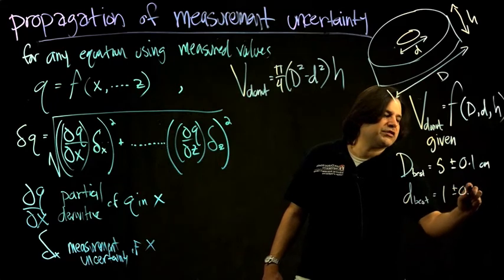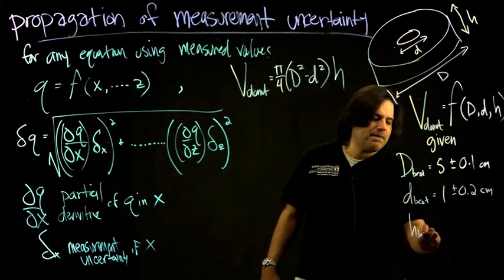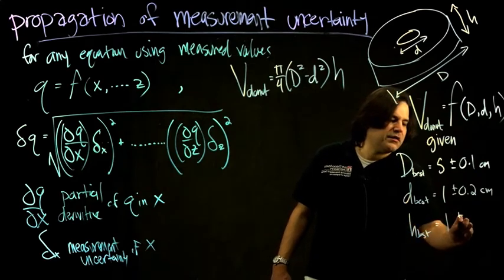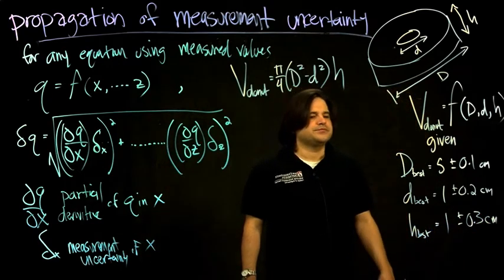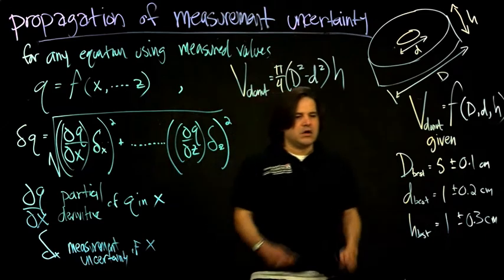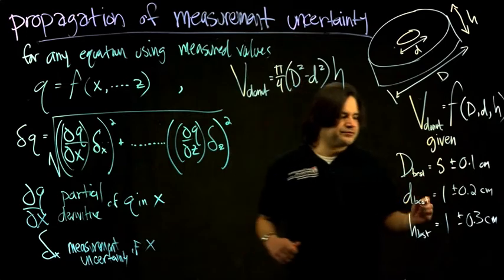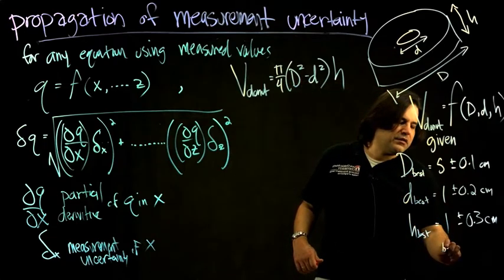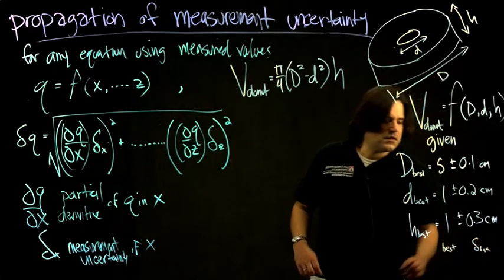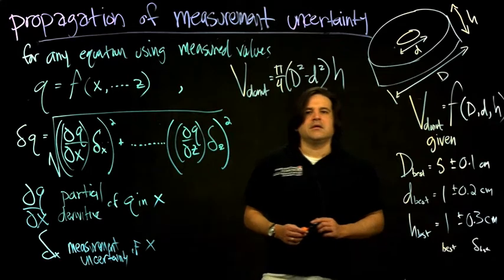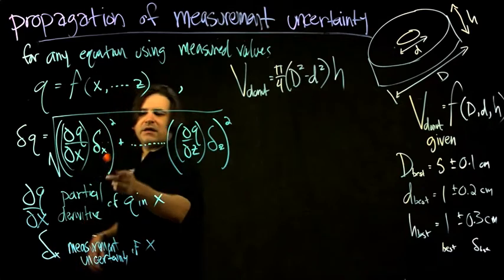It's a little harder to measure, so we have a bigger uncertainty. And the h is also 1 centimeter, but it's even harder to measure for some reason, so it has a bigger uncertainty. So that's our best values, and then this is our uncertainty. So this would be our best plus or minus delta best. These plus or minuses is what we plug into this side here.